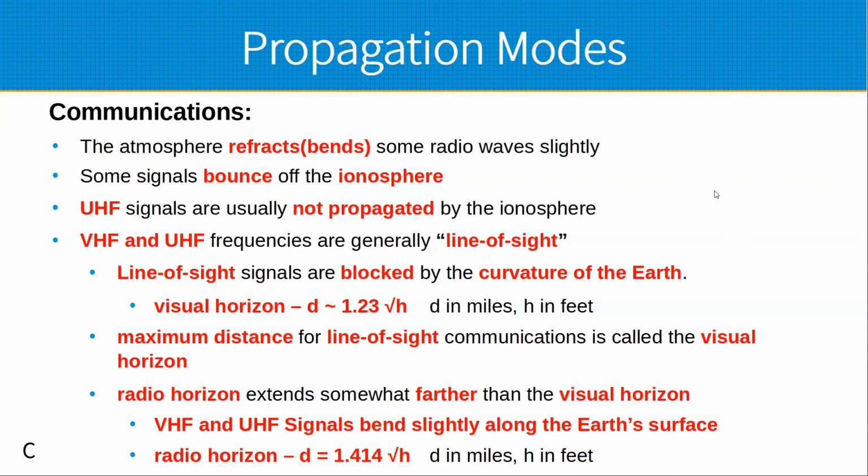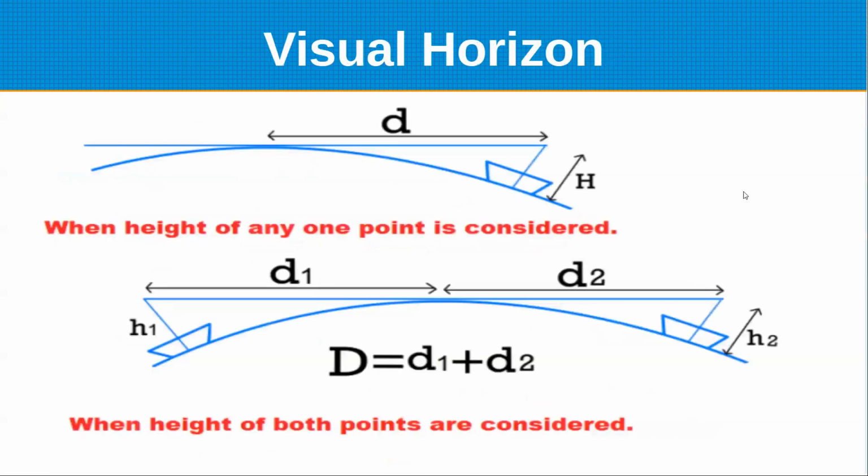But basically, because of the refraction, the waves can actually travel farther, and we call that the radio horizon as opposed to the visual horizon. This little diagram shows what that distance would be when you calculate it, and when you're talking to somebody else, it's the sum of the two, which would be the total distance.